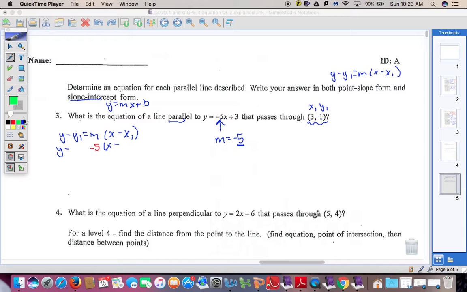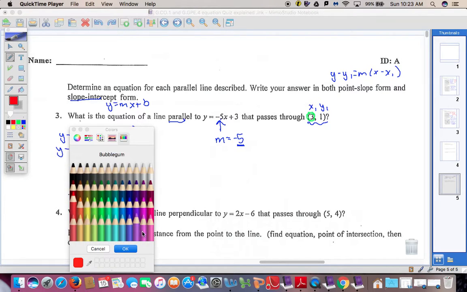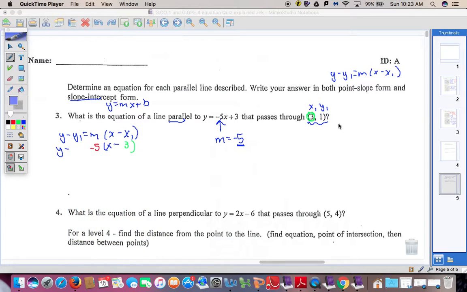I'm going to substitute this 3 for my x1. And I'm going to substitute this 1 for my y1. And I've got my equal sign here.